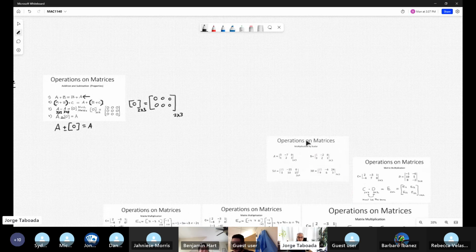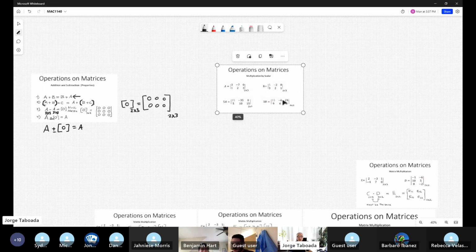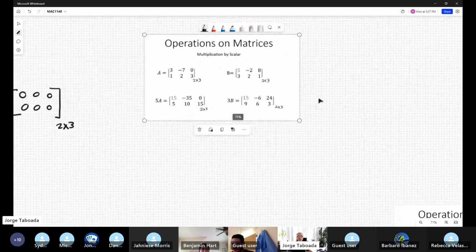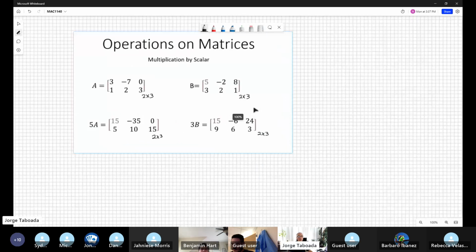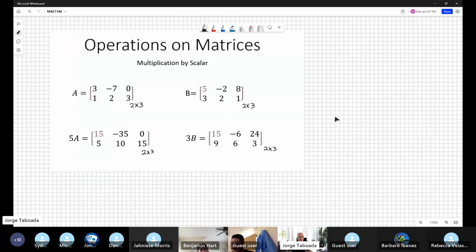Multiplication by a scalar. So you have, for example, 2 matrices A and B. I need to multiply, for example, 5A.